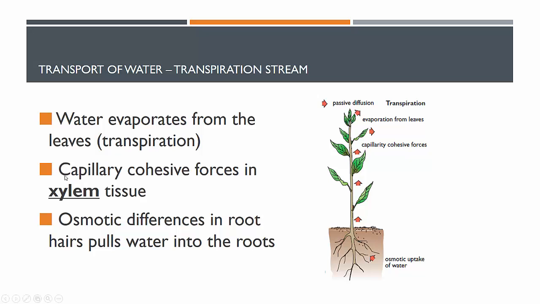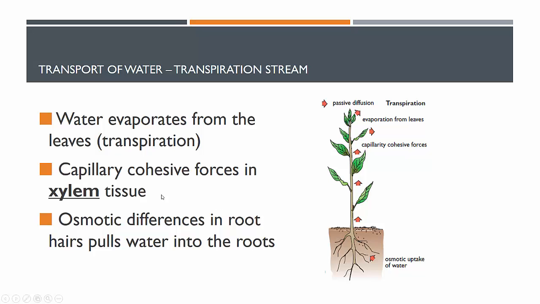There is a negative balance of water in the leaves, and that comes into play a little bit later. We have another factor of capillary cohesive forces in the xylem tissues. So this is called capillary. You might hear it called capillarity, or capillary action. It depends on how it's labelled, but basically if we're talking about capillary, we're talking about the movement of materials in the stem going up.